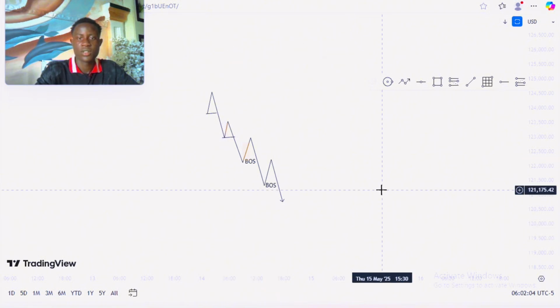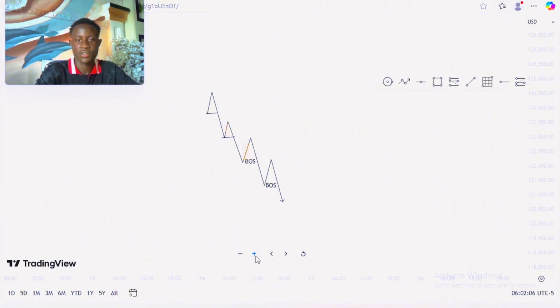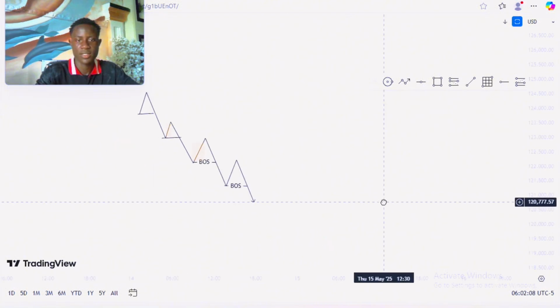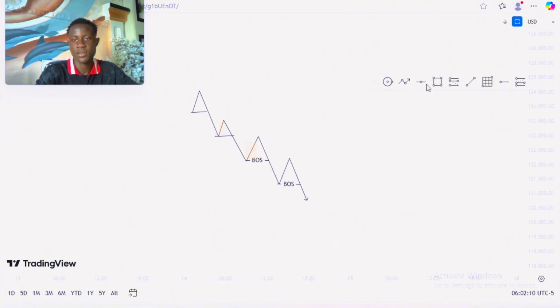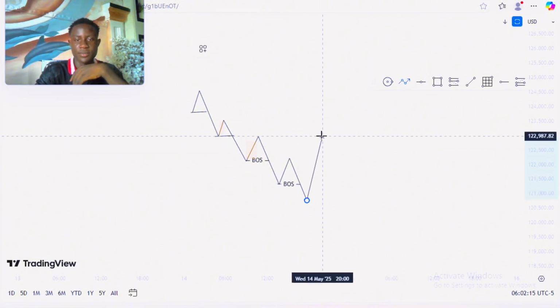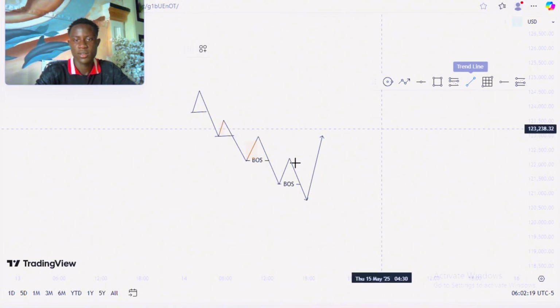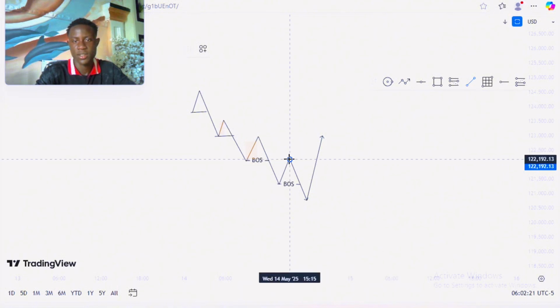So that's a break of structure. This is simply when the market is dropping and moving to the downside. Let me zoom it so you see. Then another method is when market breaks this high. This is simply called a MSS, a market structure shift.